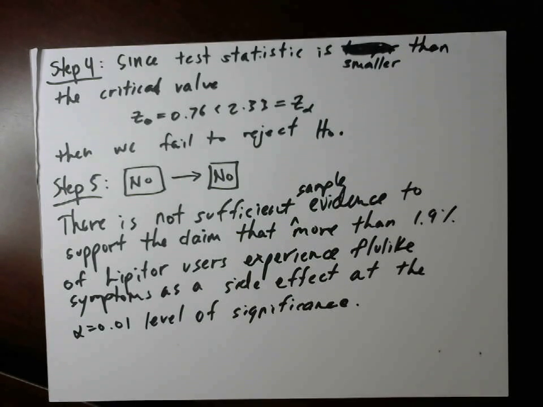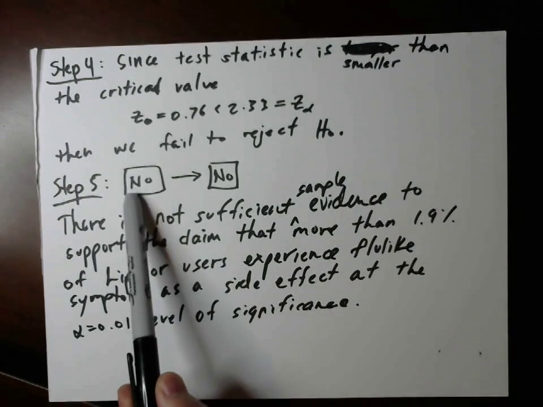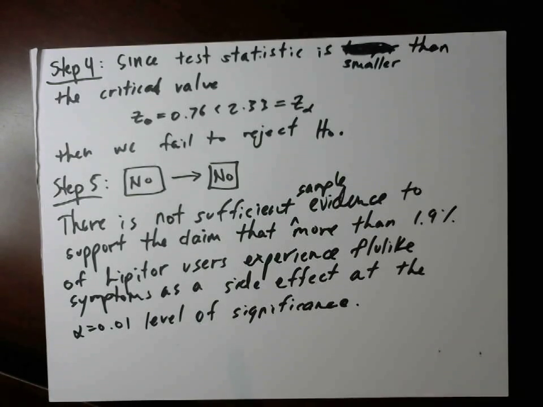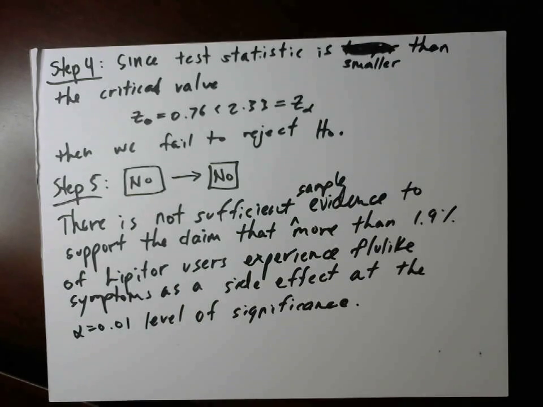If you read the second option of the wording, where the other fail to reject is, it also says there is not sufficient evidence. But the wording's different because the first step, if we would have said yes here, would set up the wording so that we are addressing equality in our claim.